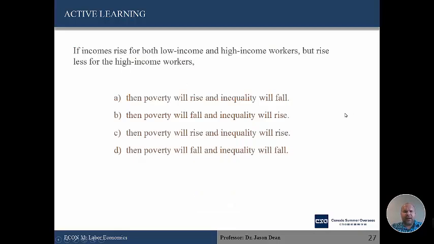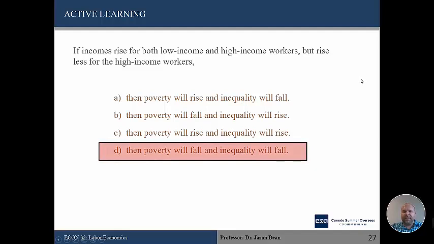Okay, next question. If incomes rise for both low income and high income workers, but rise less for the high income workers, which one of the following is true? I'll let you pause the video and think about it. The answer will be D: poverty will fall and inequality will fall also.